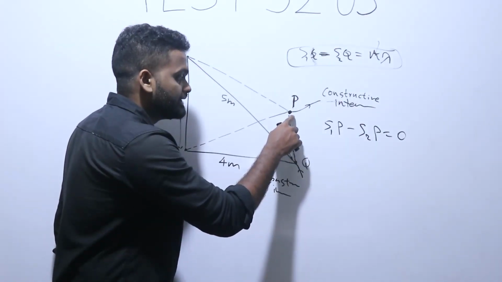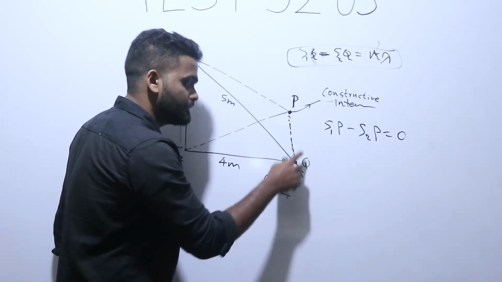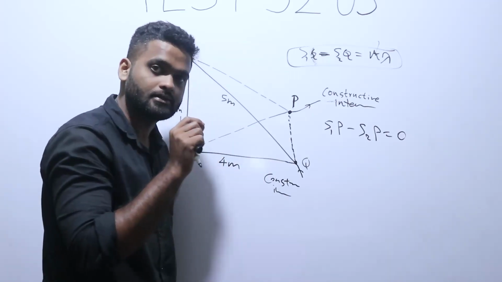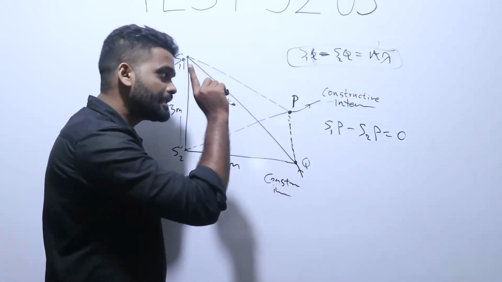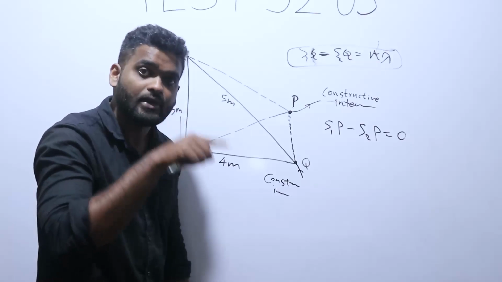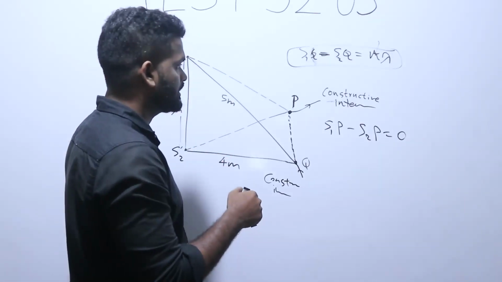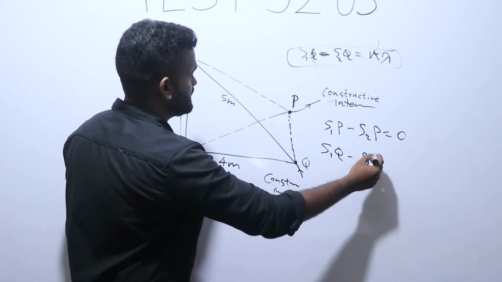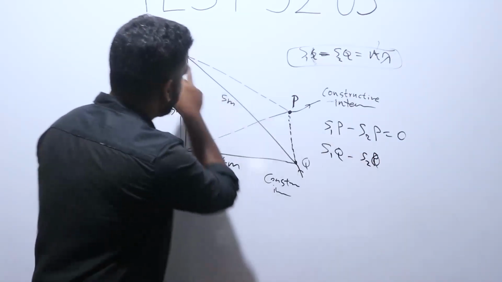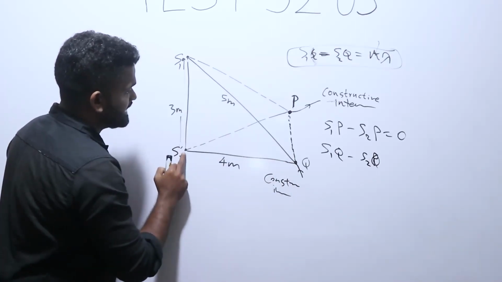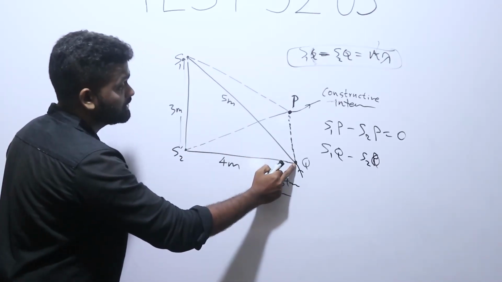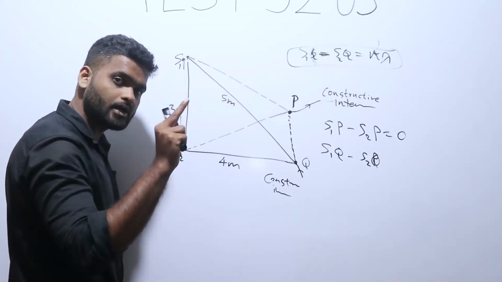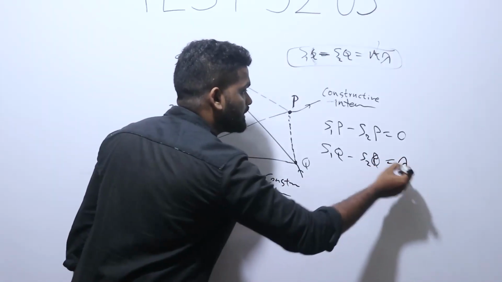Since Q is right after P, n is going to be 1. So the path difference is just one wavelength. S1Q minus S2Q is equal to 1 lambda.